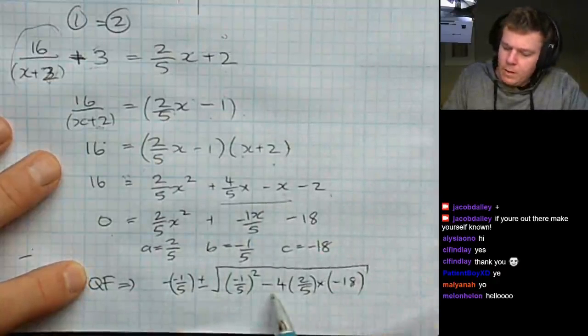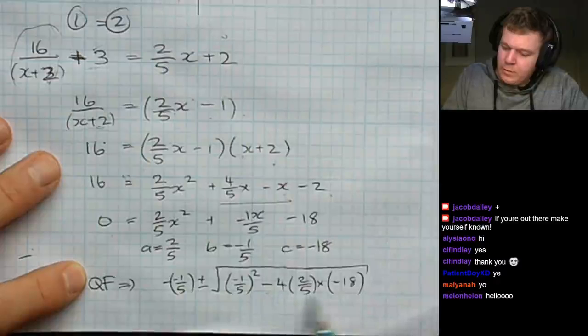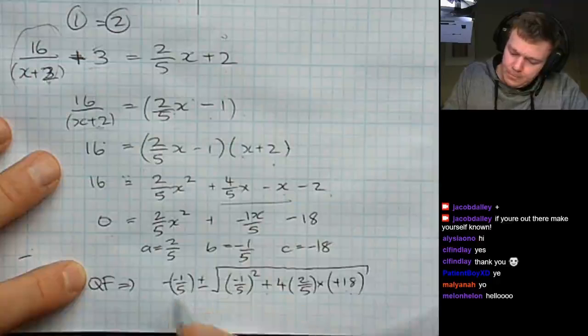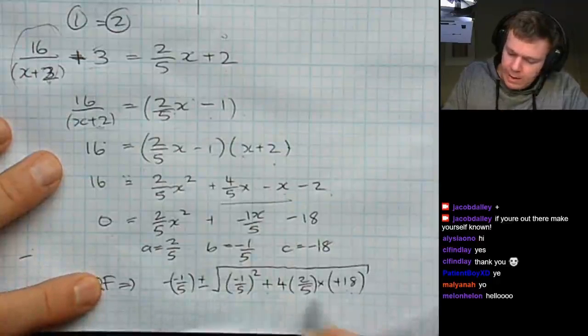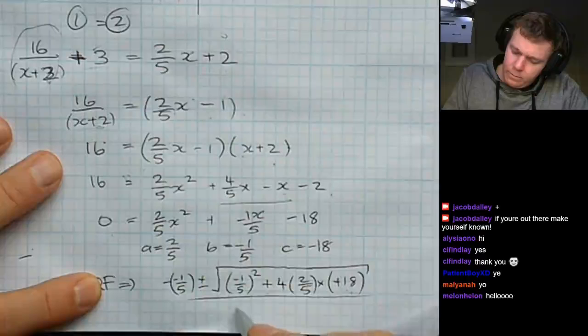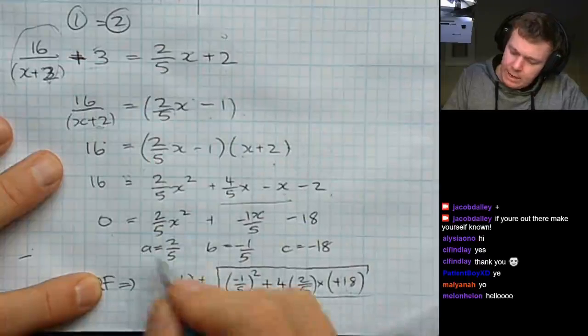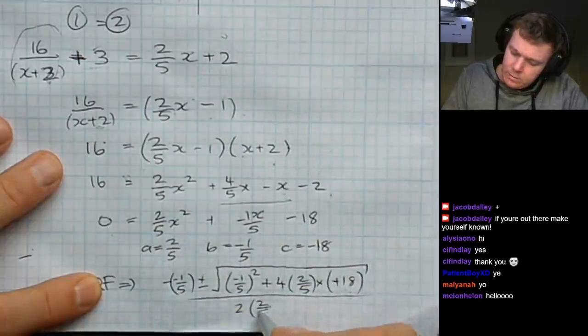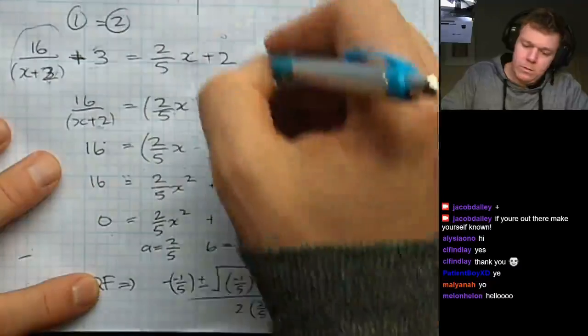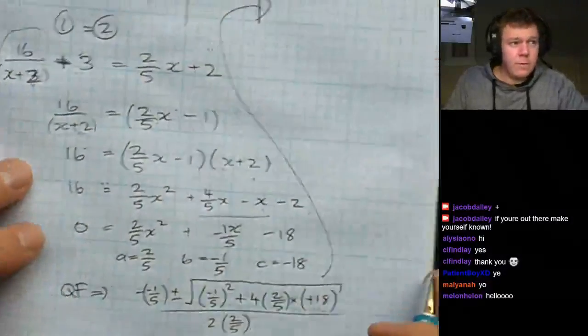That was lucky. So we've got two negatives that will cancel out, so really this is going to be a plus here. And oh yeah, this is all divided by 2a. So 2 times a.